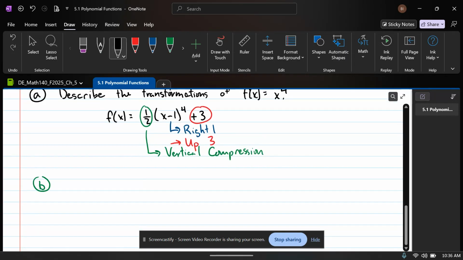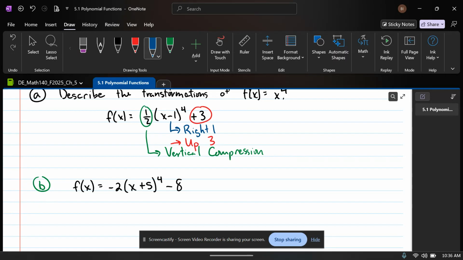Same rules. Describe the transformations on the parent graph of x to the fourth for negative 2 times (x plus 5) to the fourth power, minus 8. What transformations occurred there? The minus sign out in the front is a reflection over the x-axis. Okay, that's good.